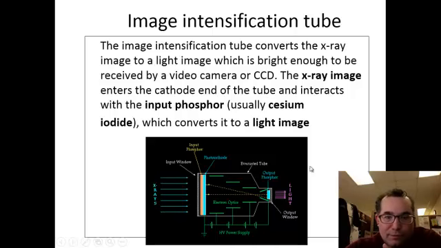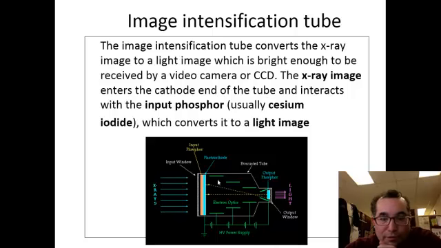We start with X-rays. They come into an input phosphor, and a conversion is going to occur there. Right? Our input phosphor is going to turn those X-rays into light. All right, we're going to see that we're going to have some different conversions, and we're actually going to have a conversion to light twice in the system.